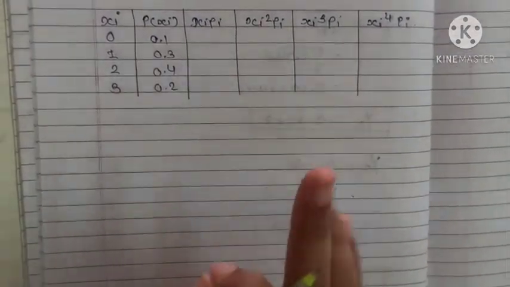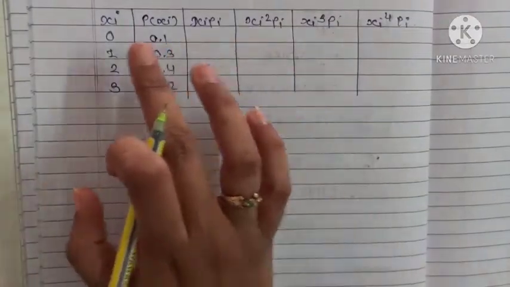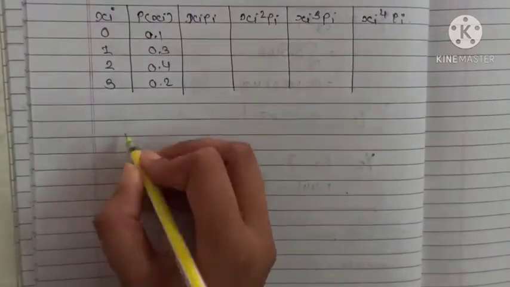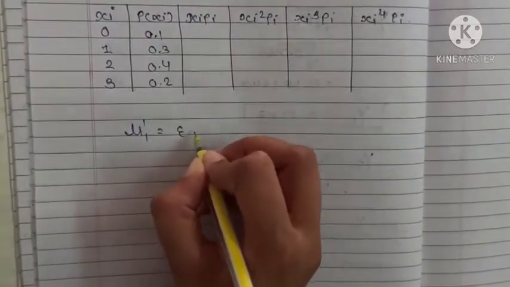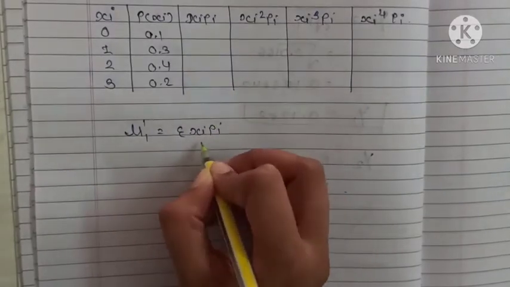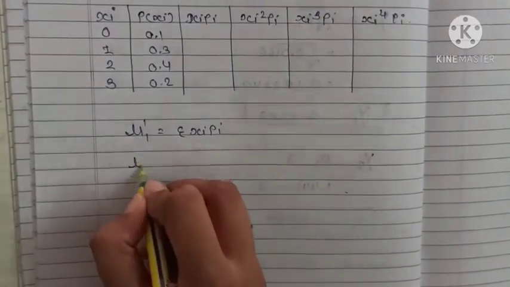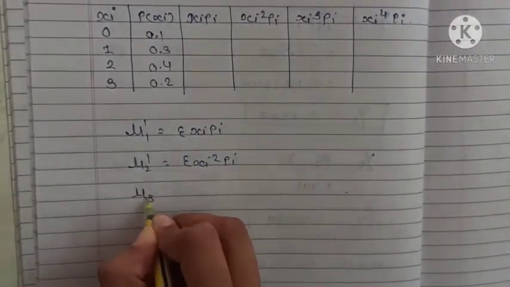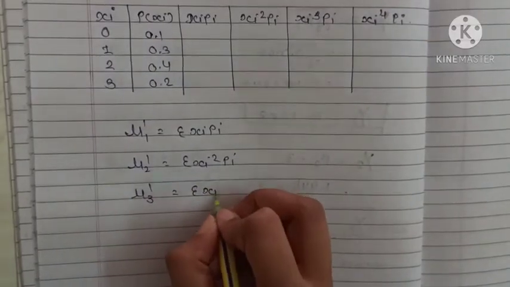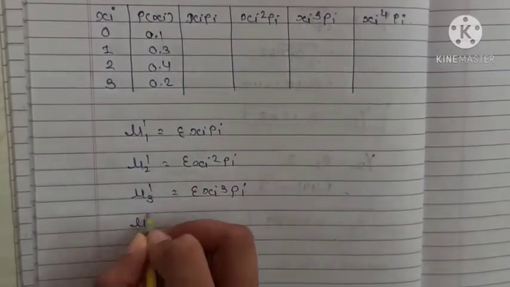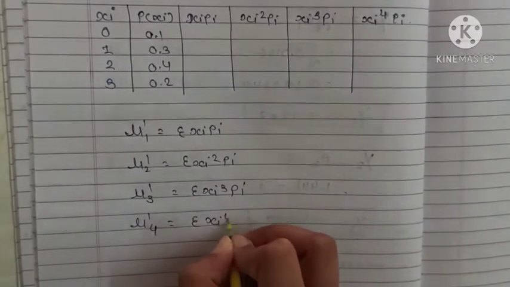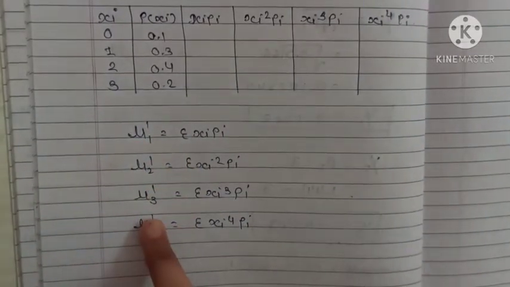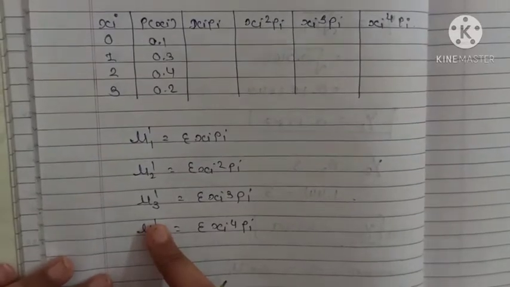So directly we cannot find the central moments from the probability distribution. First we have to find the raw moments, and the raw moments for the probability distribution are: mu 1 dash equals sigma xi into pi, mu 2 dash equals sigma xi square into pi, mu 3 dash equals sigma xi cube into pi, and mu 4 dash equals sigma xi raised to 4 into pi. This is the formula for the raw moments in a probability distribution.